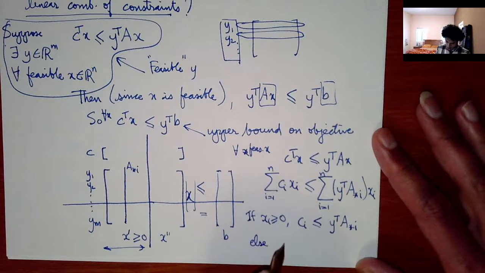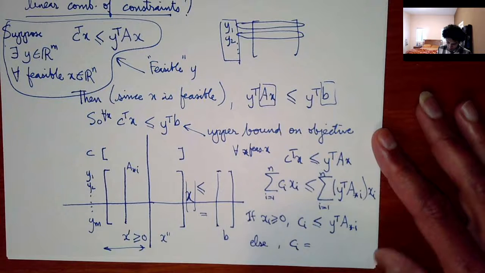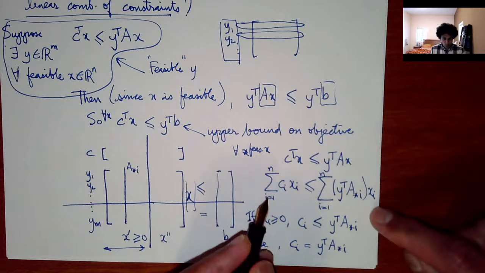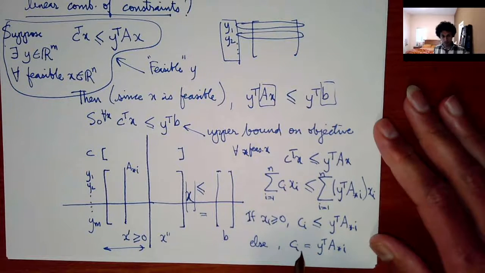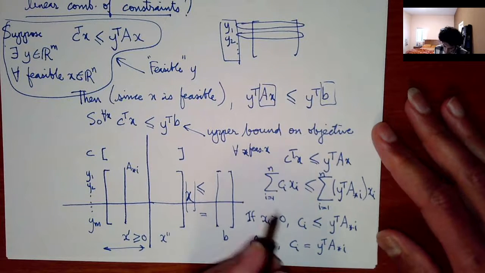And otherwise, I want ci to be equal to y transpose A star i. Now this is sufficient for the above to hold, meaning that if xi is greater than 0, it's enough for me to just get y such that y transpose A star i is greater than or equal to ci. But if I don't know whether xi is greater than 0 or not, I just want to be really safe, and I'm going to make them equal. That's the x double prime case, exactly. This is what I need.